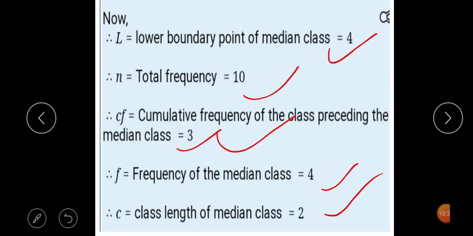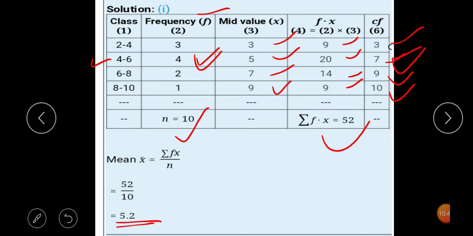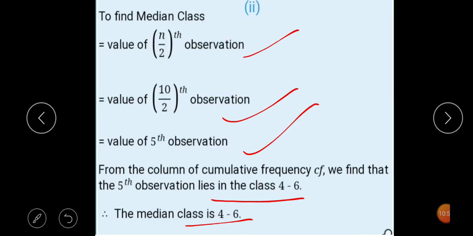Look at the table. The preceding class is 3, that will be f0, and succeeding will be 2, that will be f2, and the class size, it is clear that it is 2.